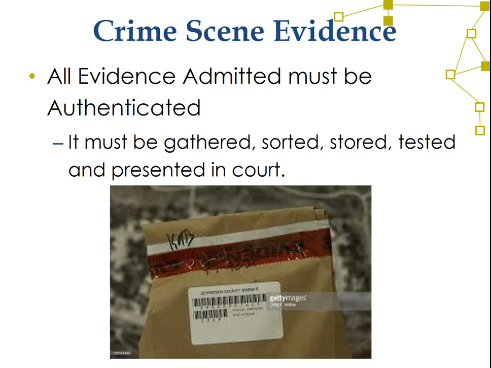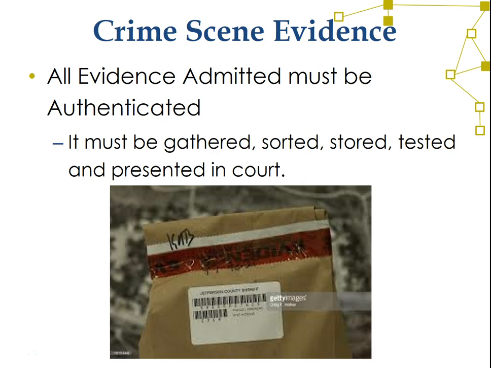And it needs to be in the same condition that it was at the time it was found by the police, unless it was necessary, of course, to conduct some type of laboratory test on it. And if tests have altered its appearance, this must also be explained to the jury. And careful handling of evidence and accurate report writing are crucial in this particular situation.